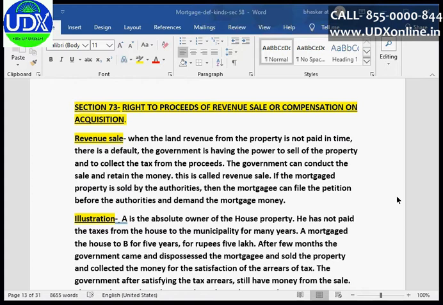Now I'll give you one or two illustrations and you have to tell me, is it beneficial to the common public or not? First point. Consider the present problem which we are facing today.